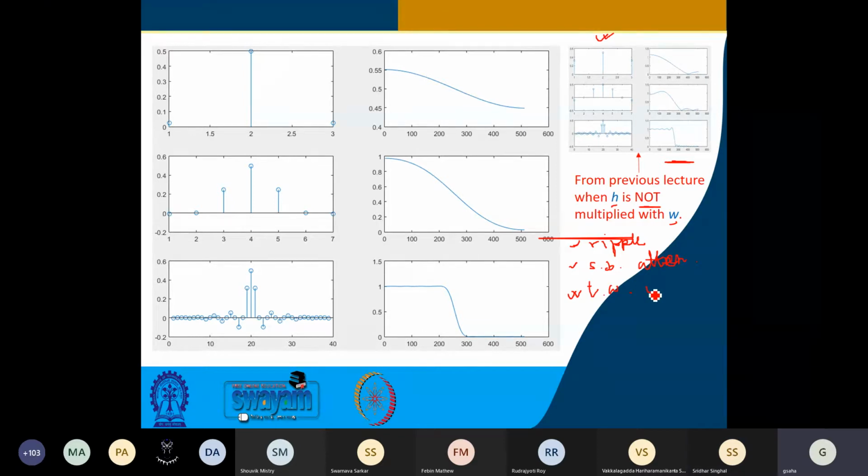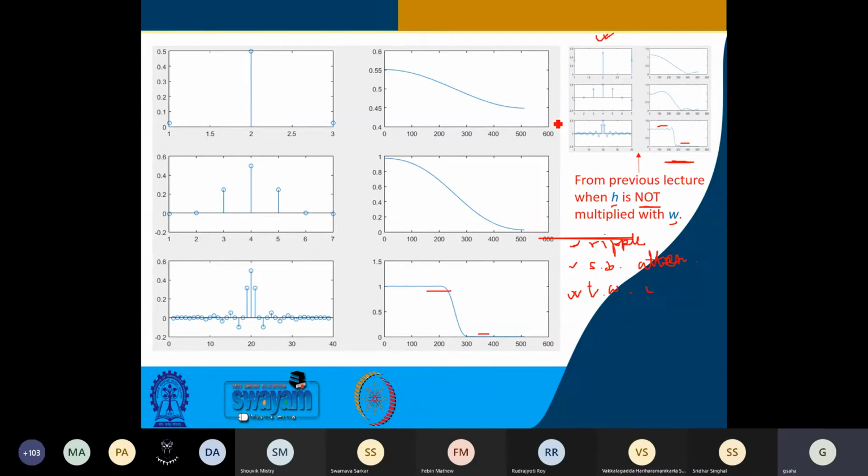Okay. Are those three things observed by everybody? Transition width could be a bit problematic, but the ripple part you can see over here, easily visible, right?